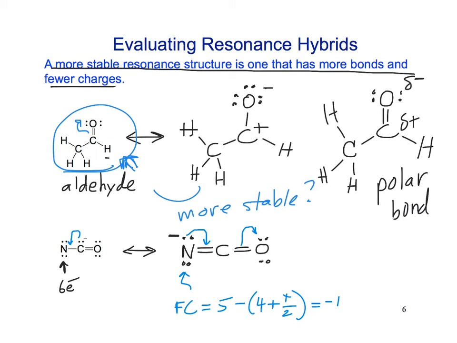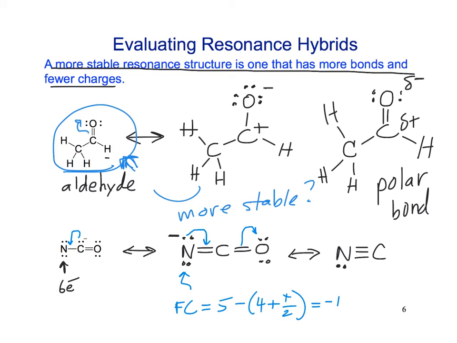Notice that the arrows that I'm drawing to show the movement of electrons always originate with a pair of electrons, and they're always either going to form a new bond or to be located on another atom. All right, so now this nitrogen has a triple bond to it.